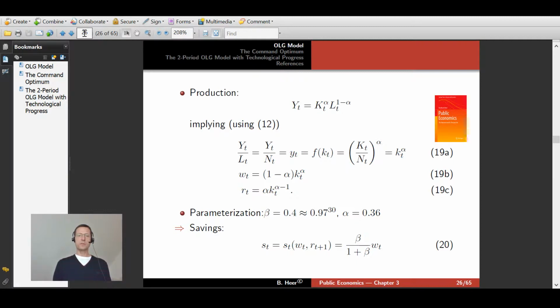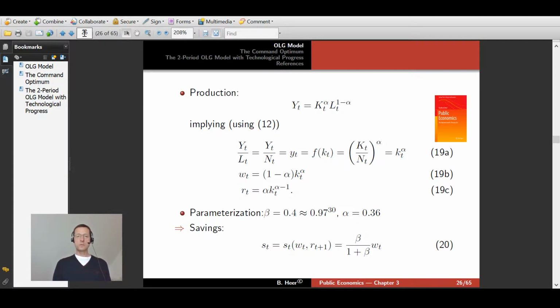Beta is set equal to 0.4, which corresponds to an annualized discount rate of approximately 3%. And we set the production elasticity of capital equal to 0.36, so that the labor income share amounts to 64% in our economy, roughly coinciding with the labor share in the United States.